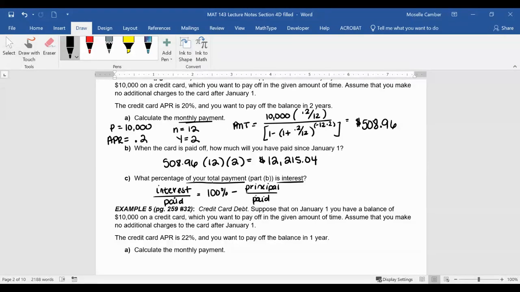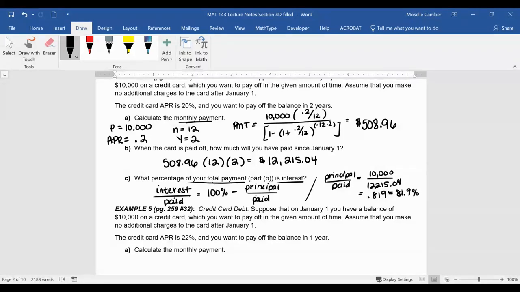Okay. So in other words, we're going to figure out the principal first, the percent that is principal. So my principal was $10,000, and I paid $12,215.04. So 10,000 divided by 12,215.04, I get 0.819, which is 81.9%.